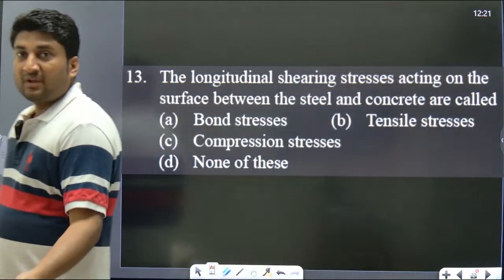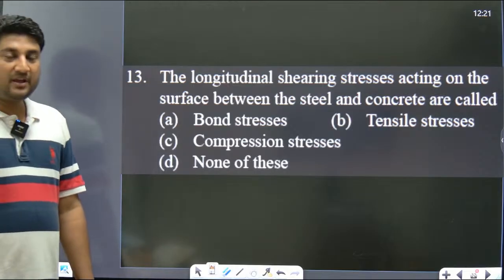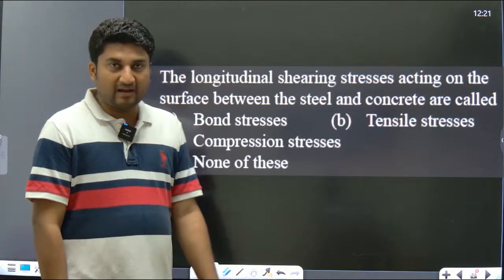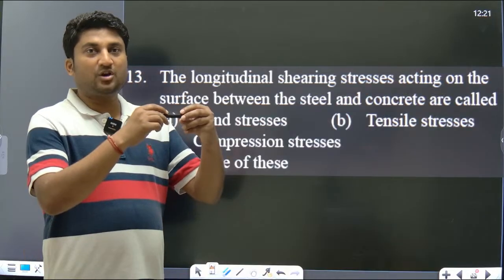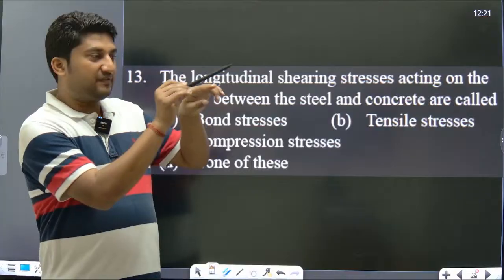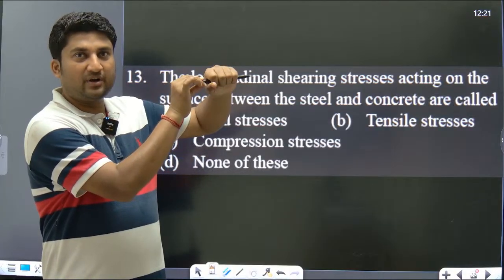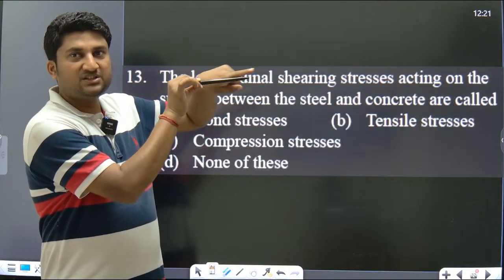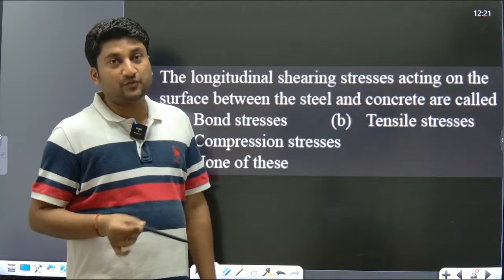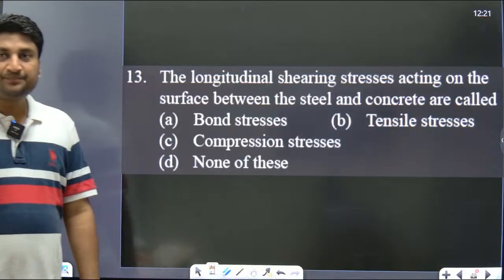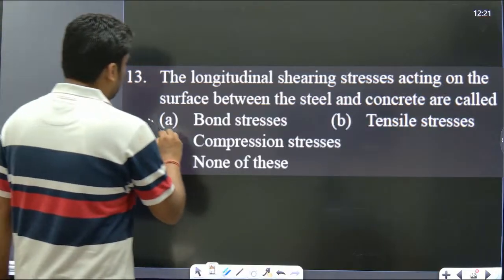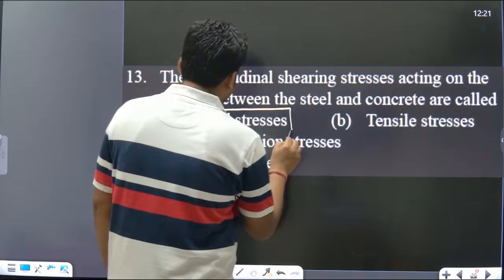Now you can see, because of the unbalanced moment, there is an unbalanced direct force in the beam. If this is a reinforcing bar with concrete around it, because of that unbalanced force, a shear is developed on the surface of the concrete. So that is known as bond stress. Yes, very good.